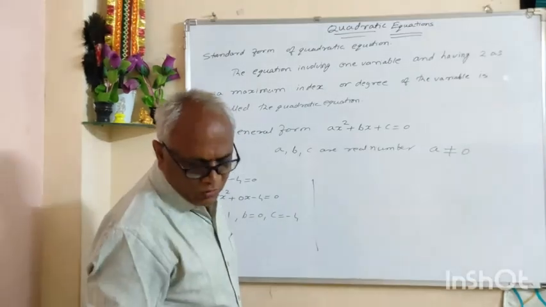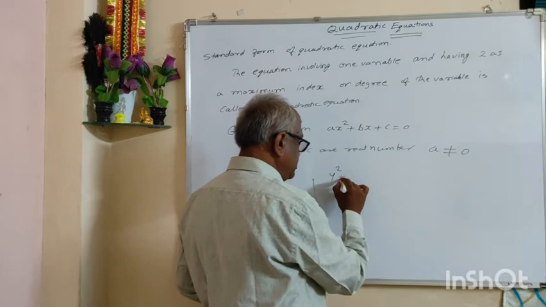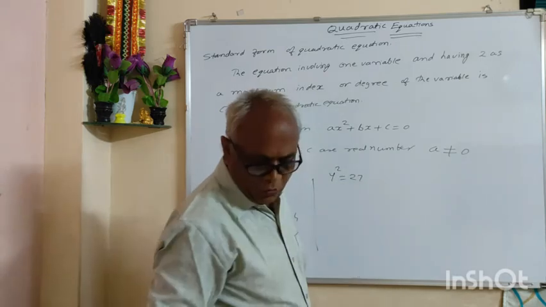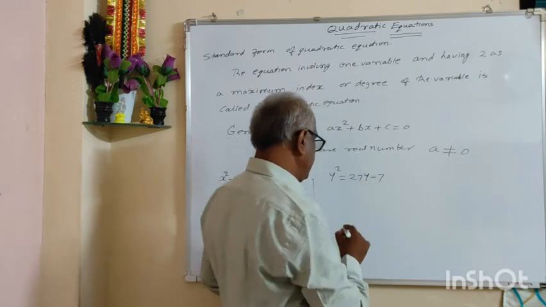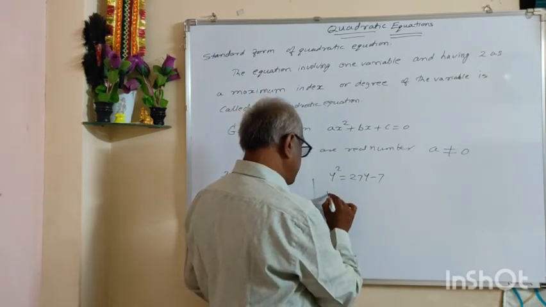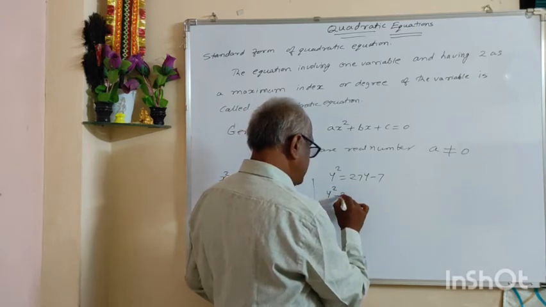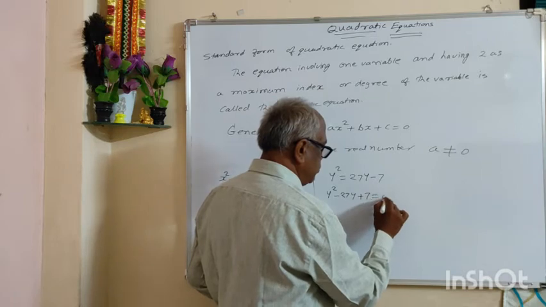And now the second equation is y square is equal to 27y minus 7. Write it in the general form, that is y square minus 27y plus 7 is equal to 0.